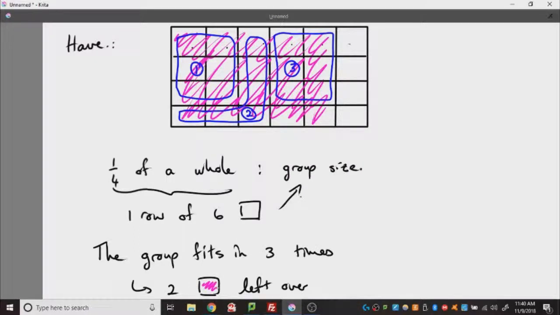So I'm making groups, and I have 2 little guys left over that aren't in a group, because it's not enough for a group.